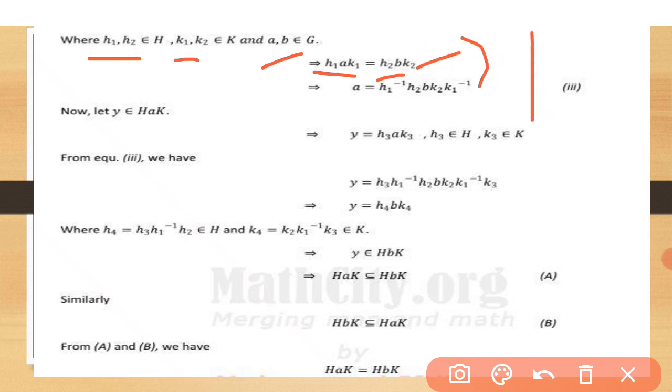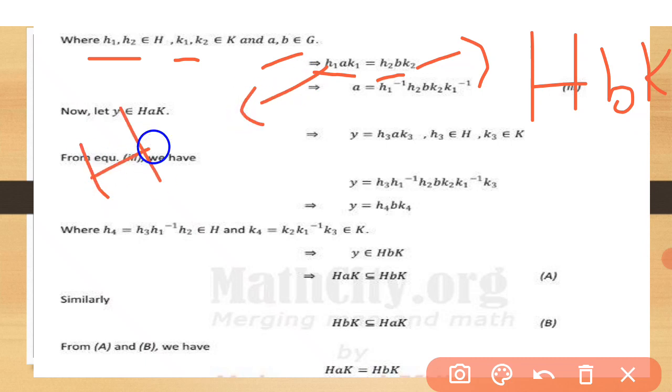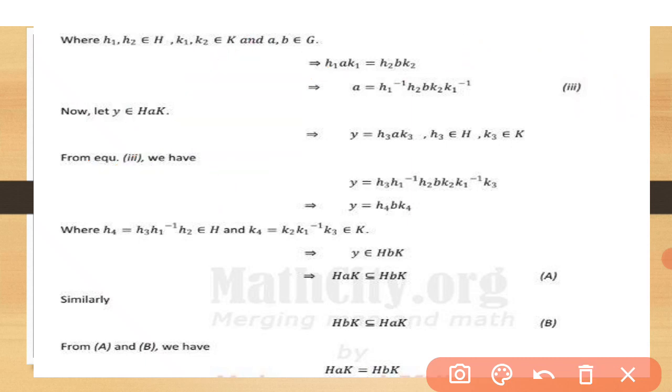This belongs to HBK, and this belongs to HAK. So H1 on this side will become inverse and K1 on this side will become inverse. So A is equal to H1 inverse, H2, B, K2 and K1 inverse.